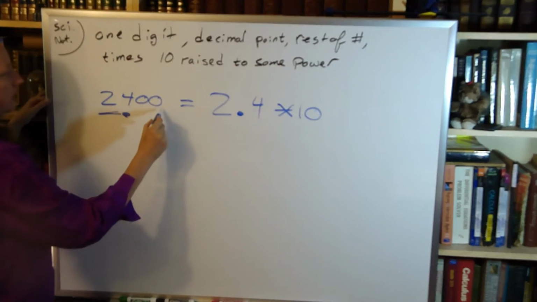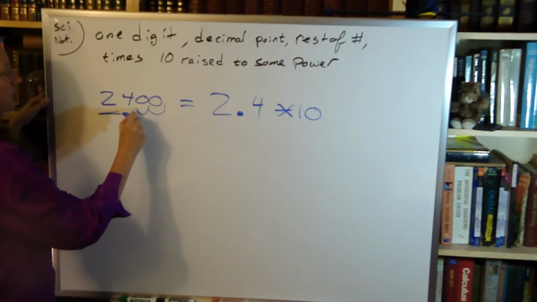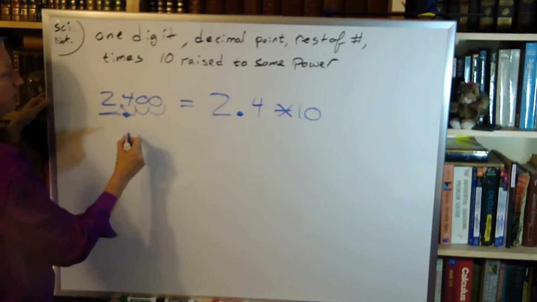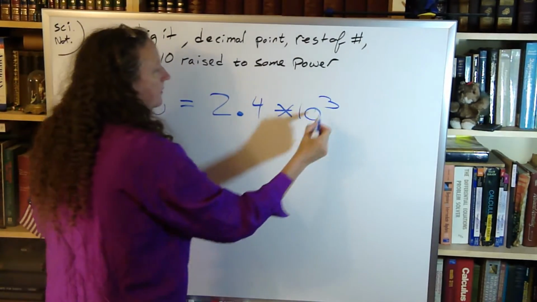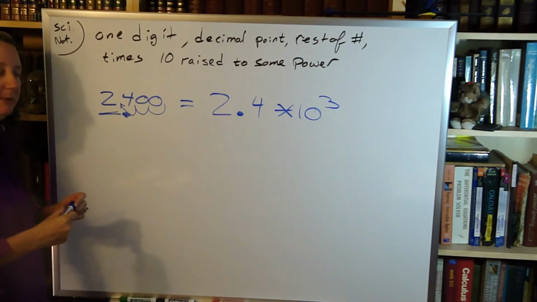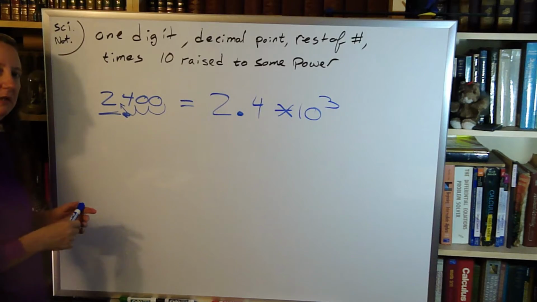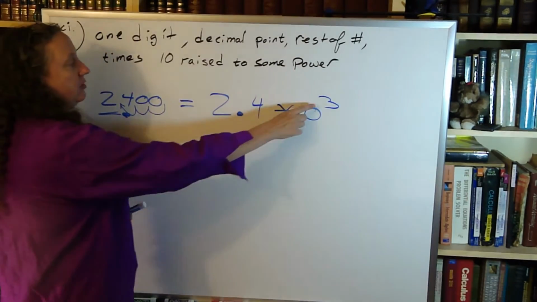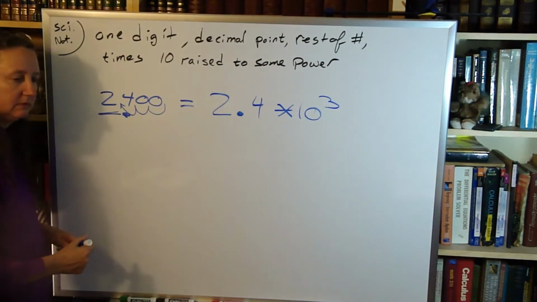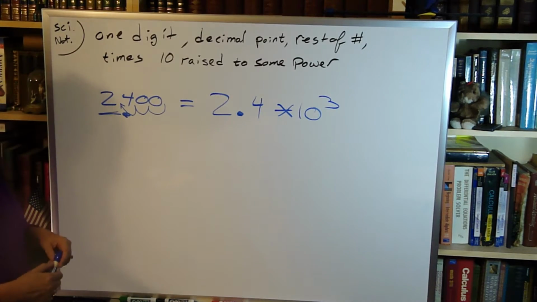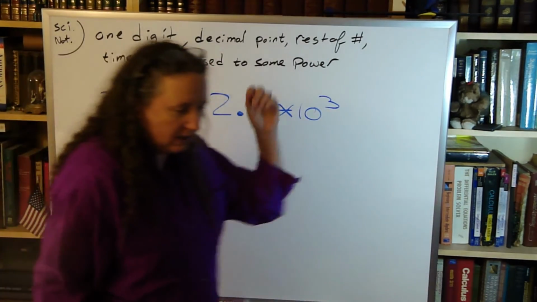What power? Move it 1, 2, 3 places. Is my exponent supposed to be positive or negative? This is kind of a big number, so my exponent should be positive. Next problem.